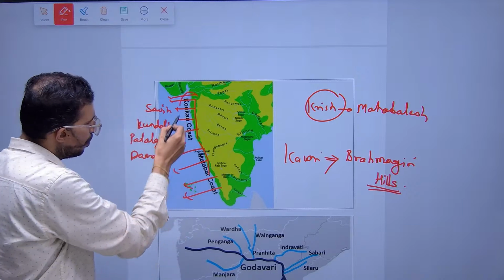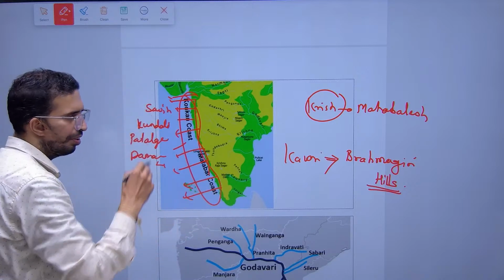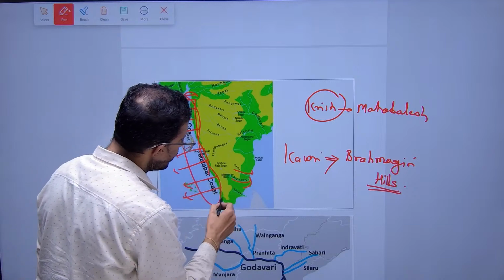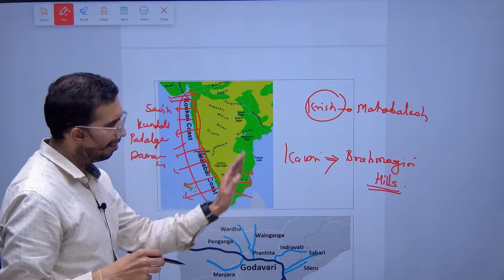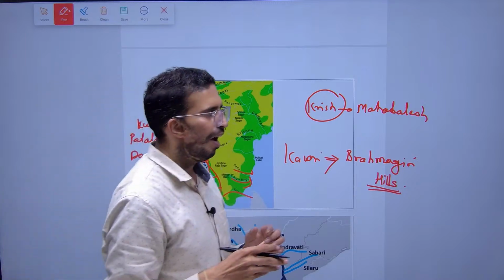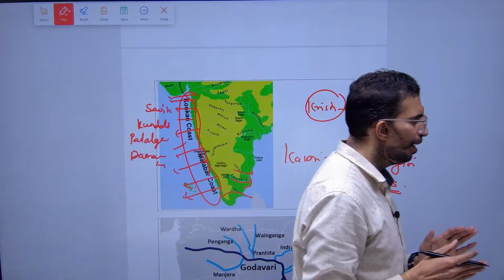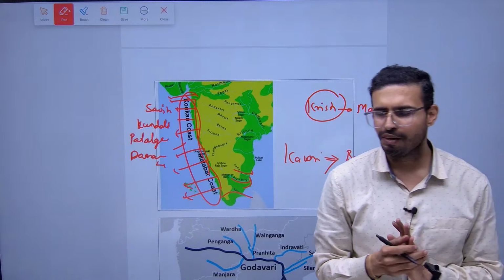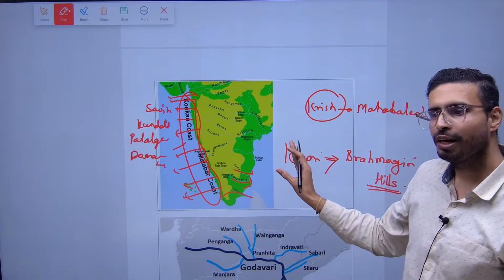These are the western flowing rivers on the western coast. What about the eastern flowing rivers? The Pennar river, Kaveri river, Vaigai river. These are the eastern flowing rivers. So we should have the idea of the names of the western flowing rivers and the names of the eastern flowing rivers.